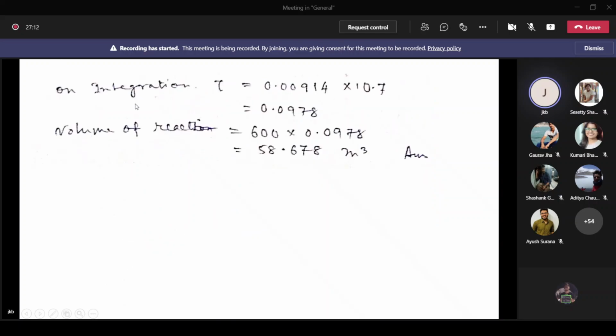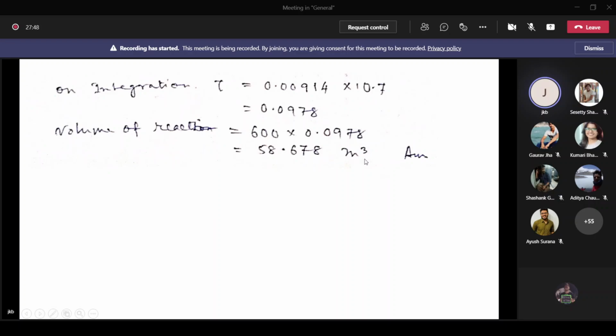And on integration by any method, graphical, you can apply Simpson's rule, or any other numerical integration you can follow. The volume of the reactor is coming 58.678 meter cube and the space time 0.0978, and tau should be multiplied by the volumetric flow rate 600, so you will get meter cube.